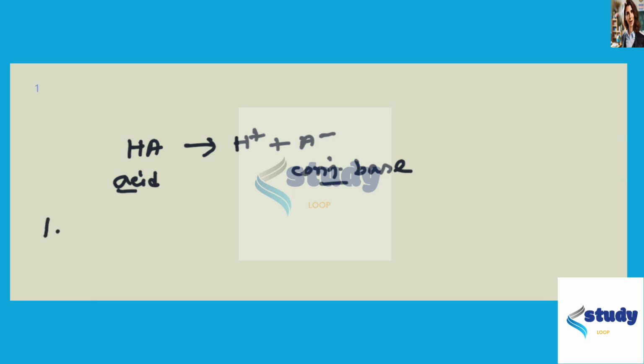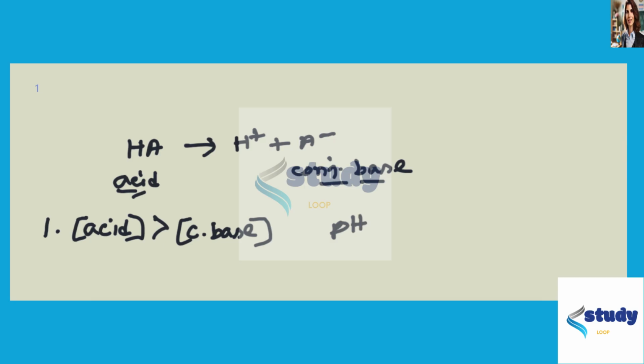So the first rule is, if the concentration of this acid is greater than the concentration of its conjugate base, then pH will be less than pKa.